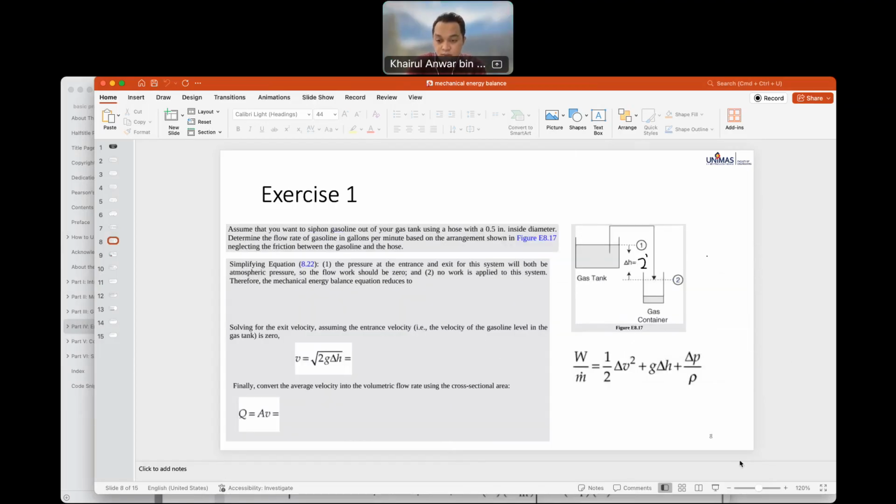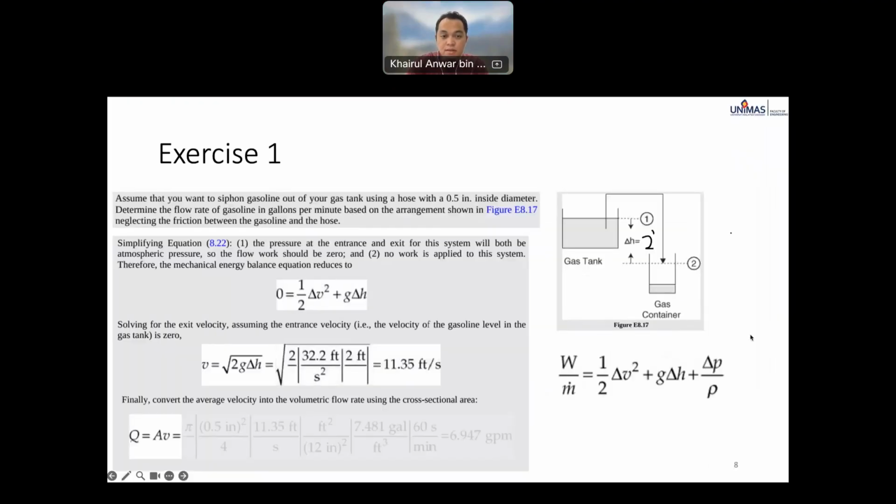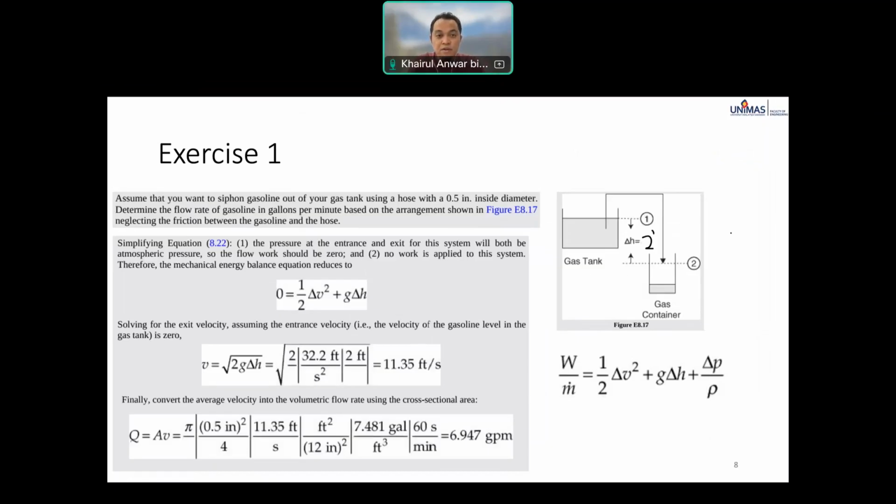So exercise 1. Assume that you want to siphon gasoline out of the gas tank using a hose with 0.5-inch inside diameter.